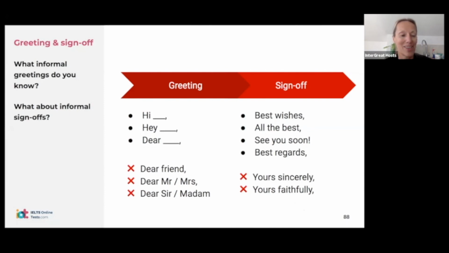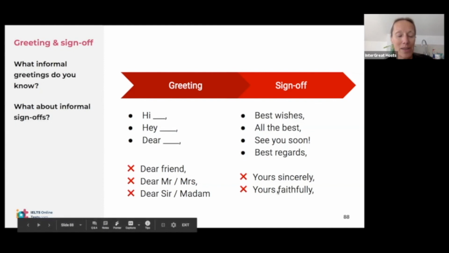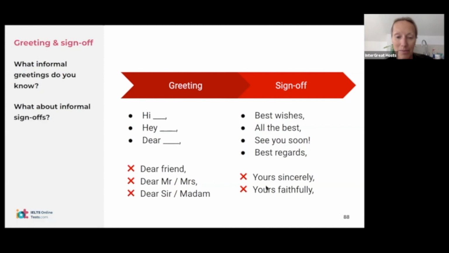Yeah, you wouldn't say your secret lover. Not really. To a teacher or supervisor, that's right. So yours sincerely is when you know the name of the person. Yours faithfully is when you don't know the name. Okay, but these are for formal letters.